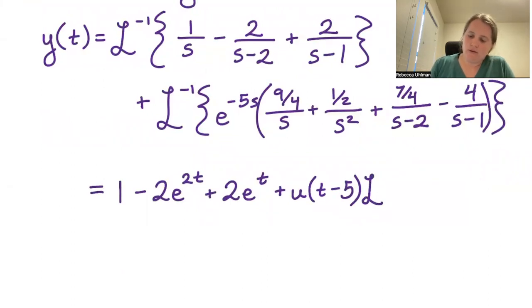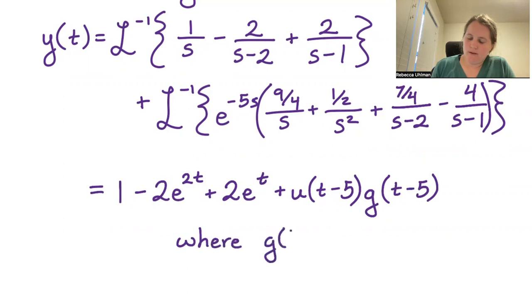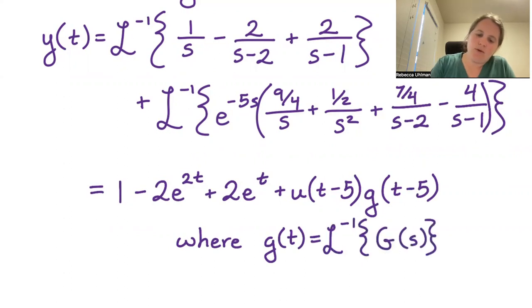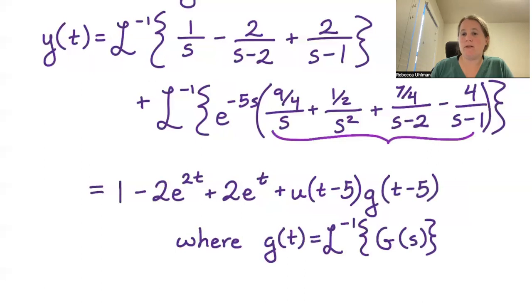All right, let's just go with times g of t minus 5, where g of t is the inverse Laplace transform of capital G of s, and capital G of s is that 9/4 over s plus 1/2 over s squared plus 7/4 over s minus 2 minus 4 over s minus 1.